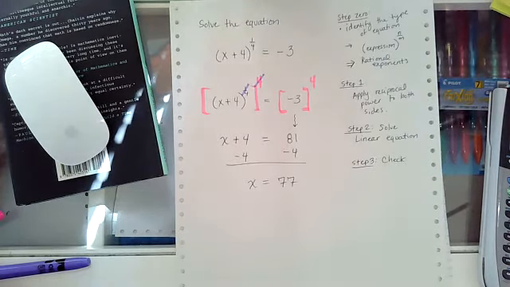Stand by while I examine these technical difficulties. -3 times -3 times -3 times -3 is going to be 81.